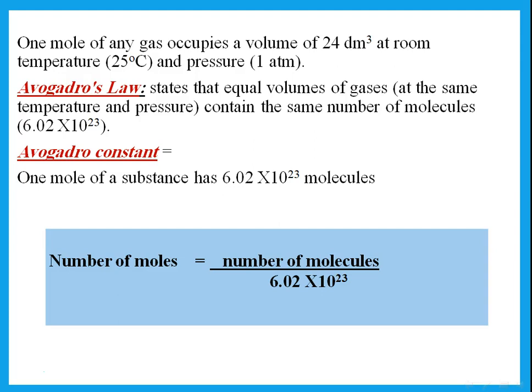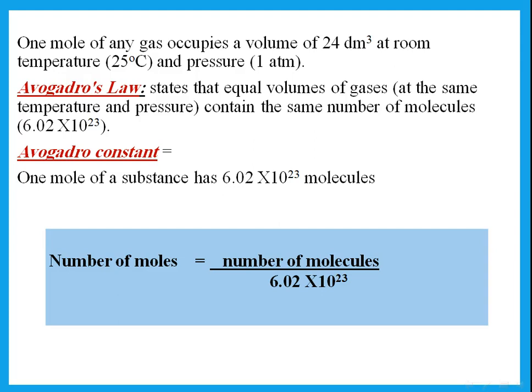Now, there is actually a fourth equation for number of moles, because we already said that 1 mole of any gas occupies a volume of 24 decimeter cubed, and that is why we said number of moles is volume over 24. But Avogadro's law is talking about the number of molecules. Are we following? So, number of moles is concentration times volume, or volume over 24, or mass over molecular mass.